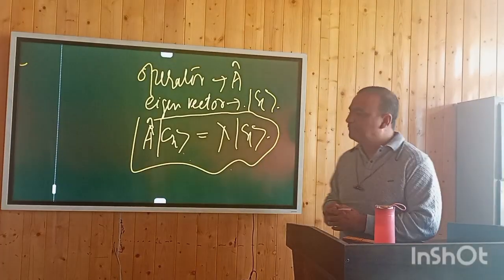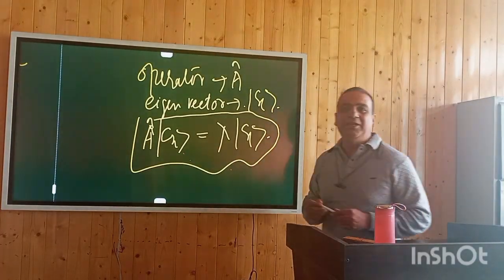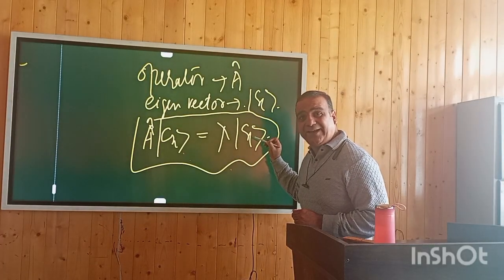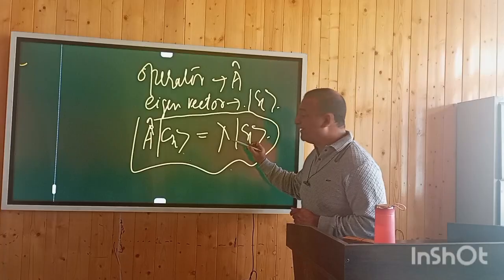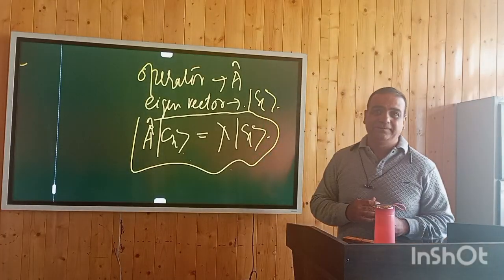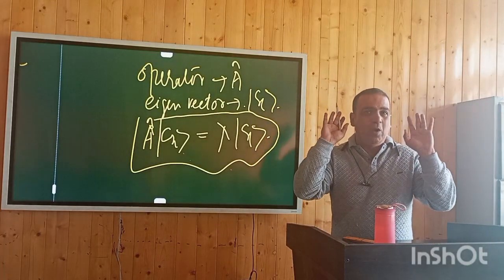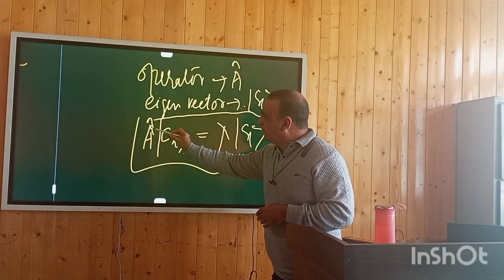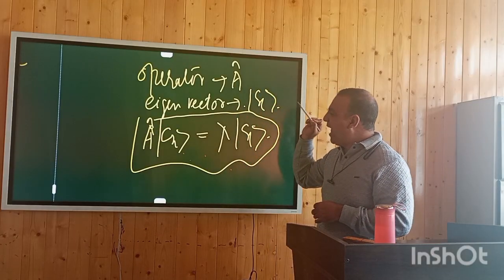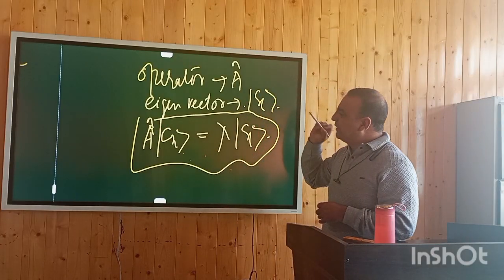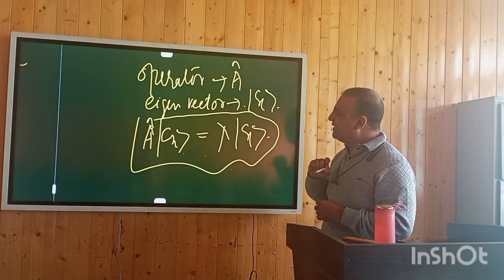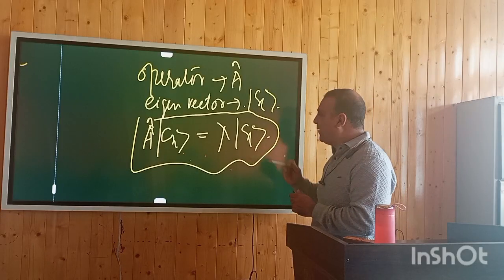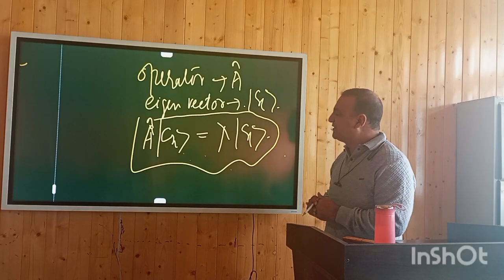Right? You see, the vector has not changed. Your operator has either increased the magnitude of your vector, or it has decreased the magnitude of your vector. Is this clear? Are you getting this? Any queries? So you have an operator, and this operator is acting on the state zeta, which we call an eigenvector, because you get the same vector back multiplied by a scalar.